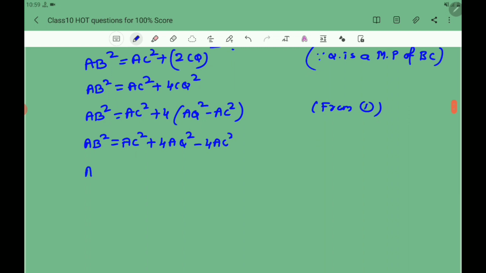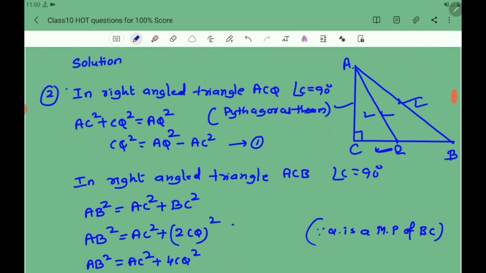Then AB square equals 4AQ square minus 4AC square plus AC square, that is minus 3AC square. So you got that AB square equals 4AQ square minus 3AC square.